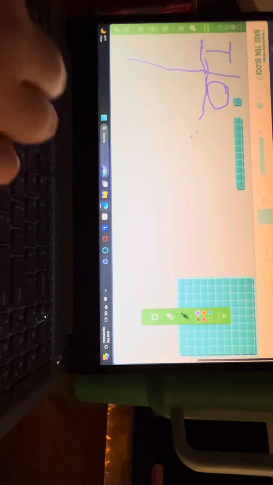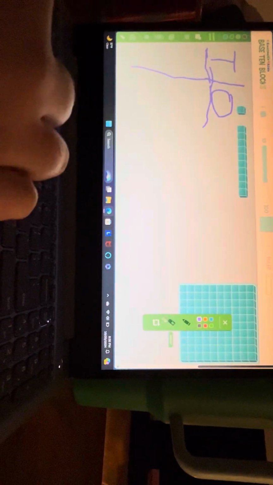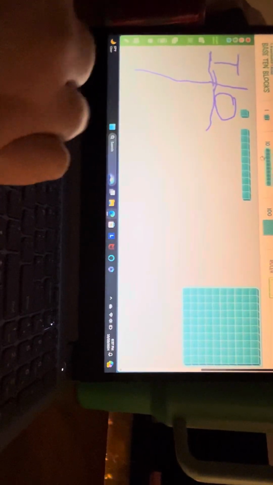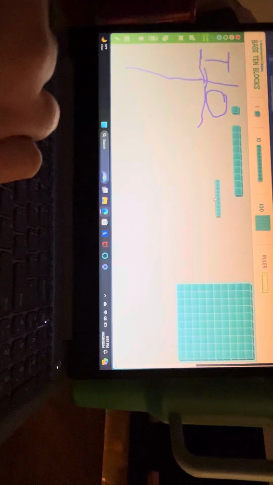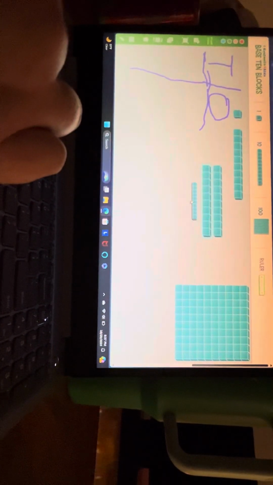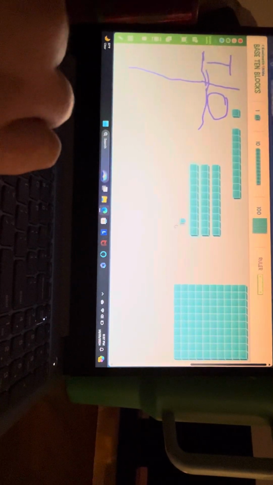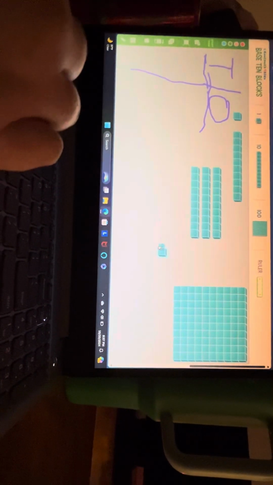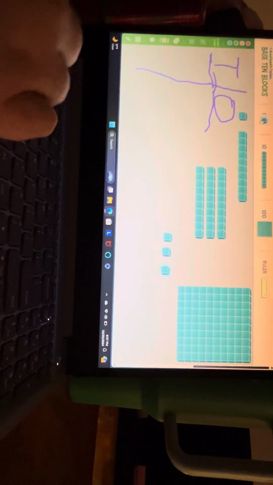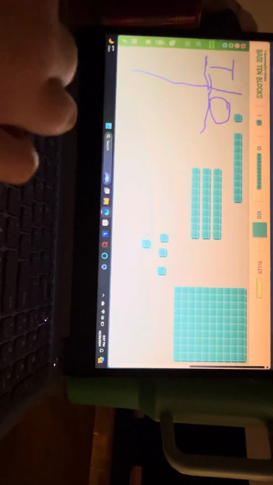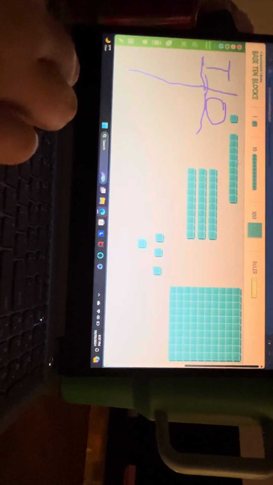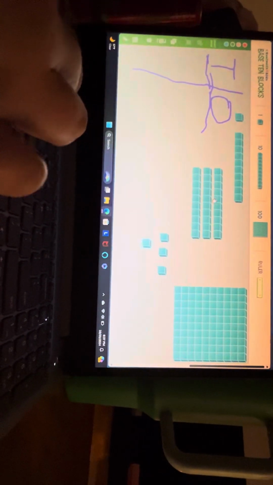So let's say we're going to have another block, another block, another block. Okay, so we're not going to be using these ones. I can't get those ones to disappear, so we're just going to leave those ones right now.